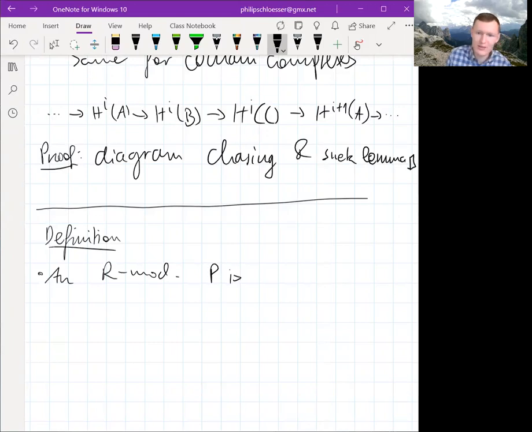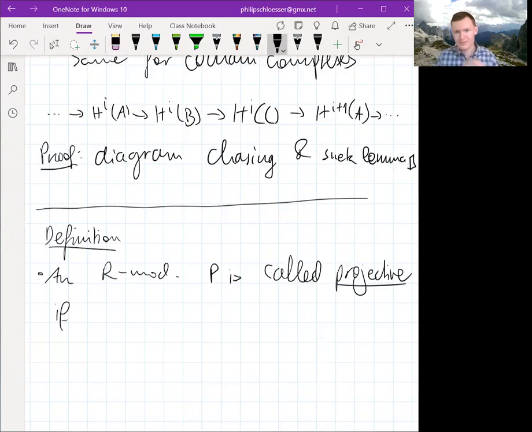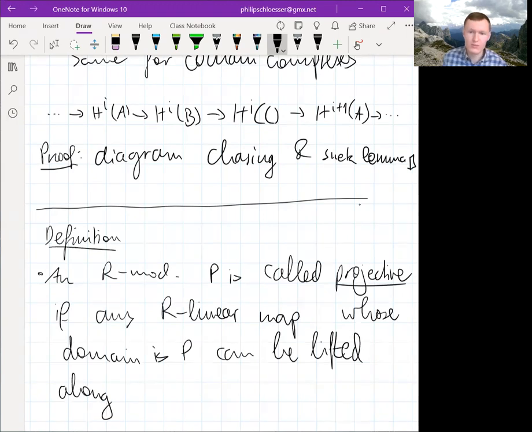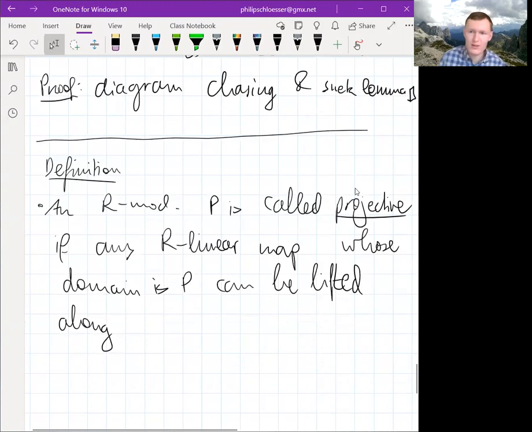An R-module P is called projective if we can extend along module epimorphisms: any R-linear map whose domain is P can be lifted along module epimorphisms, or surjective R-linear maps.